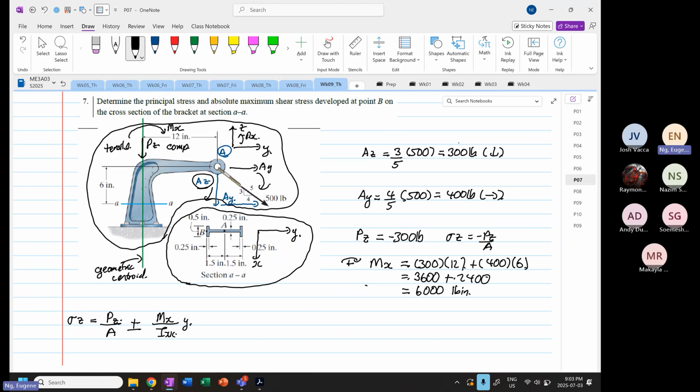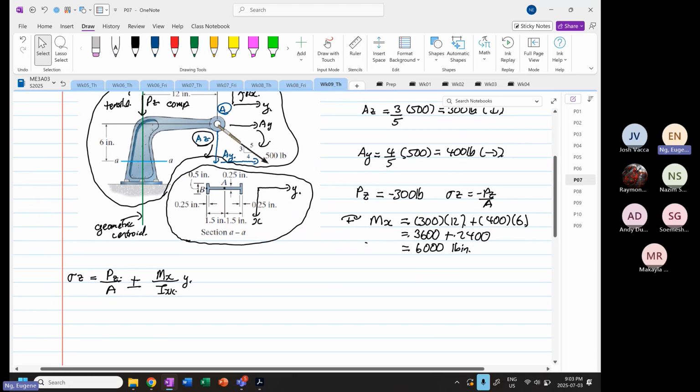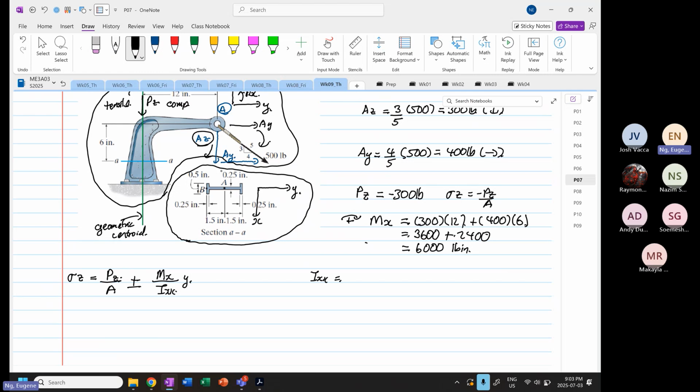Now let me see, did I do this correctly? Let's find IXX. XX is the axis of interest. So this is the width, and this is the depth.